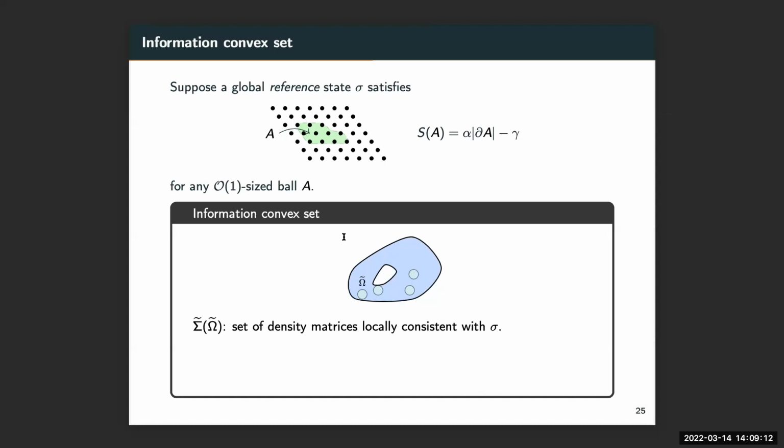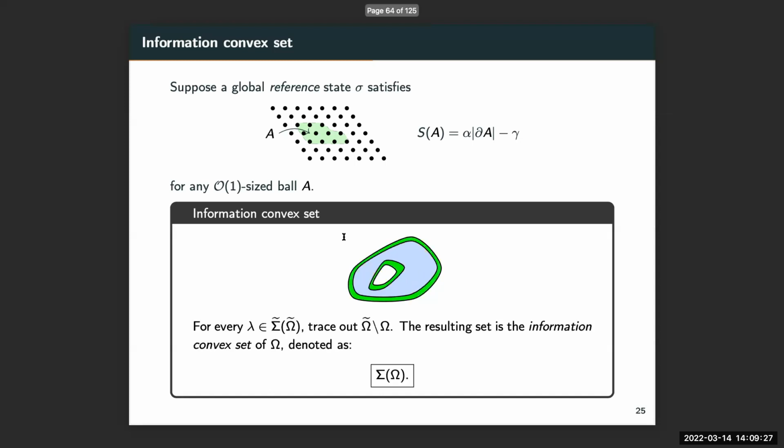So that's omega tilde. On this, I demand that the reduced density matrices are locally indistinguishable from the ground state. But then I remove this region that I expanded, back to the original region, omega. So that's this part. So the size of the convex set will depend on the size of the ball you choose.